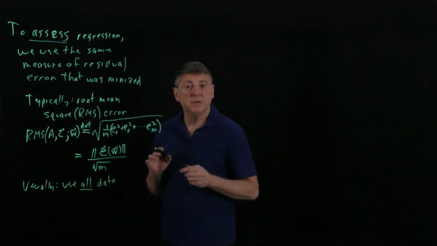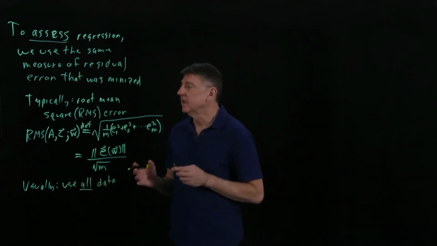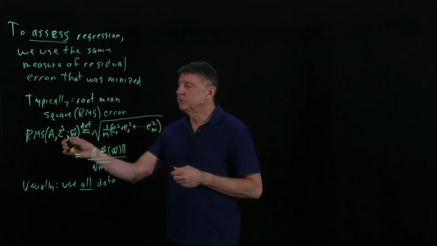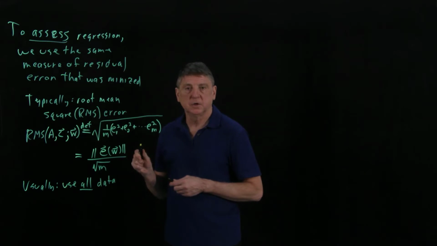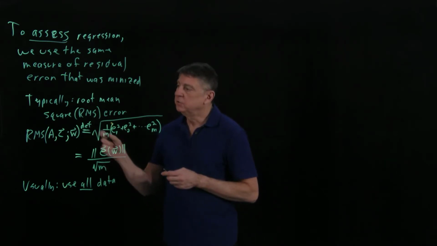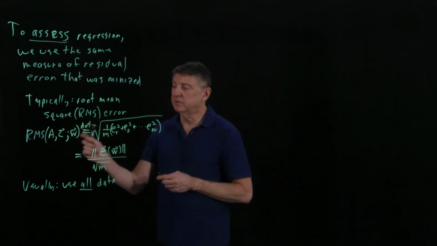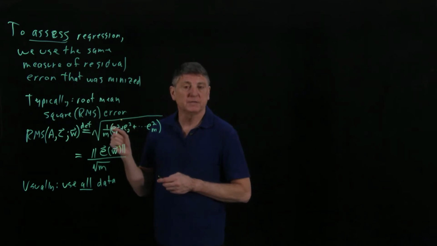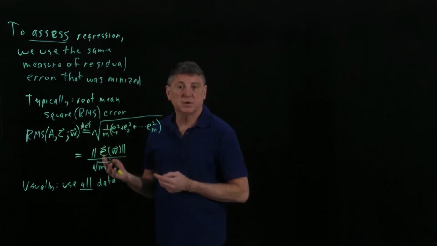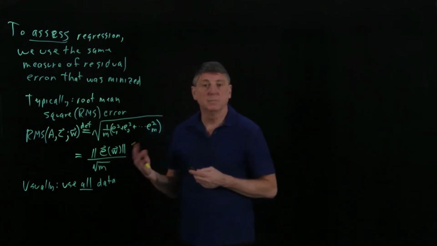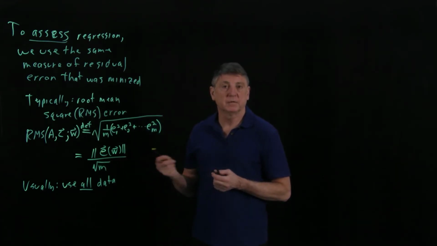Now, that may be methodologically dubious. That is, why should we use all of the data to evaluate a method? Could we perhaps use part of the data to find our W and then another part of the data to test? That is a very rich concept that will take multiple sessions to explore later on.